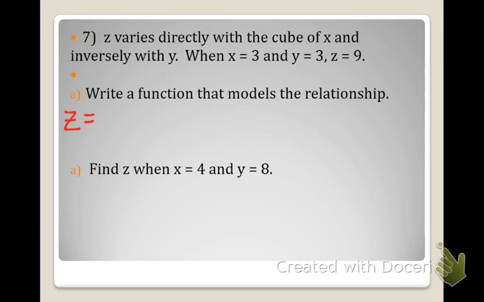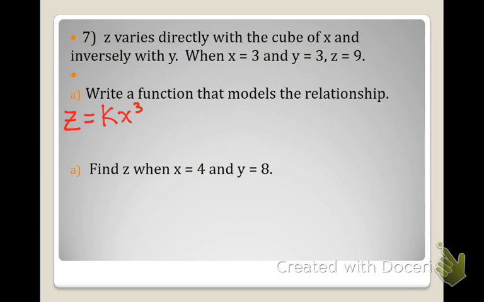So it gets a little confusing because then to find k, we would have to use division with direct. But in direct variation, the original formula is going to be k times the cube of x. How would I write the cube of x? x to the third power. And inversely with y.